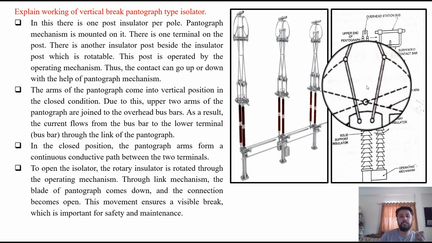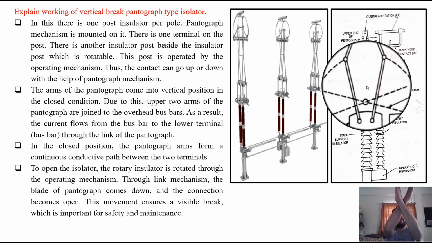In the closed position, the pantograph arms form a continuous conductive path between the two terminals, that is from the upper terminal to the lower terminal. So current can flow easily from the bus bar to the lower arm. To open the isolator, the rotary insulator is rotated through the operating mechanism. Through this link mechanism, the blade of the pantograph comes down like this and the connection becomes open.